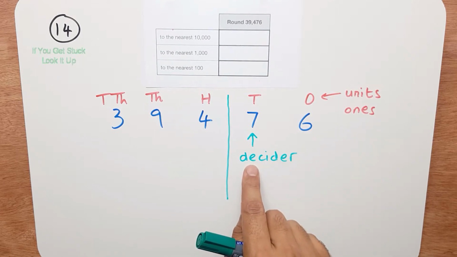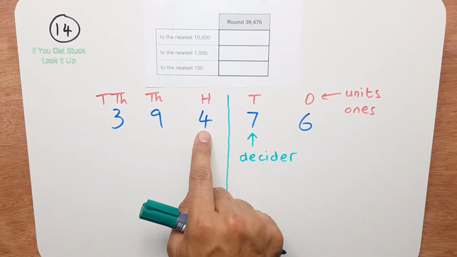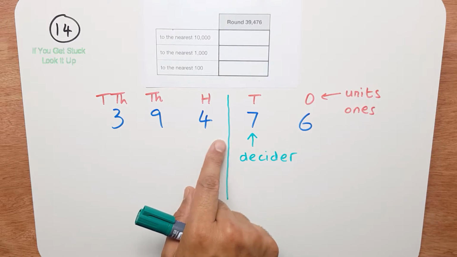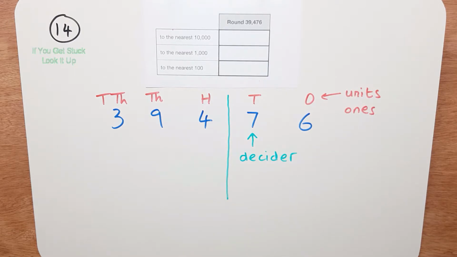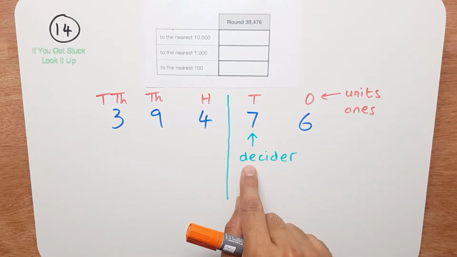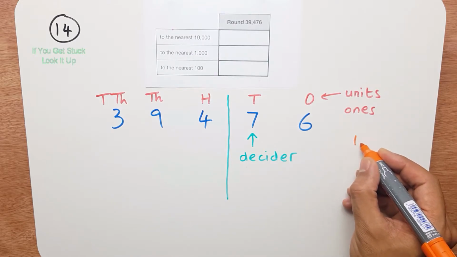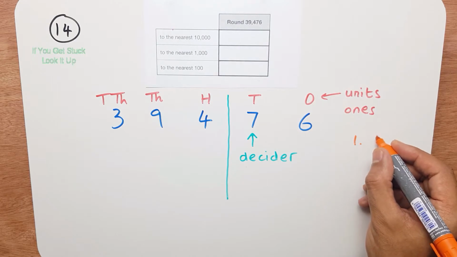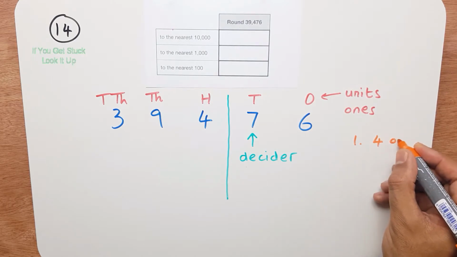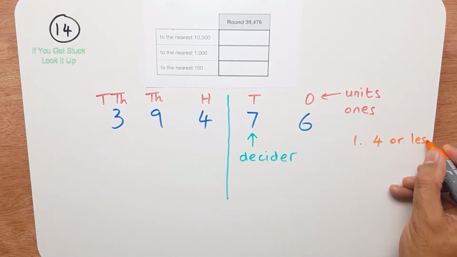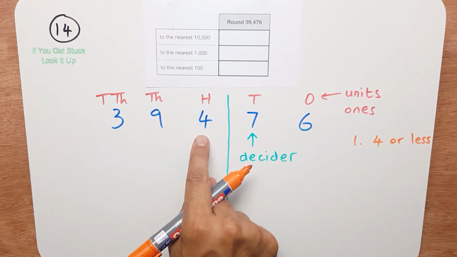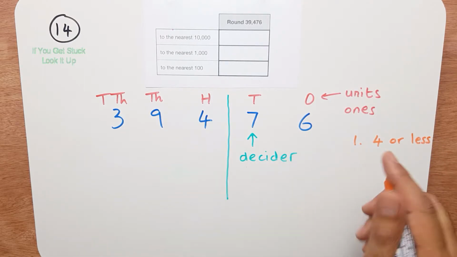Now that decides what happens to this digit on the left of this line. There's two rules I want you to learn for the decider. The first rule is if the digit is 4 or less, you leave this digit alone.